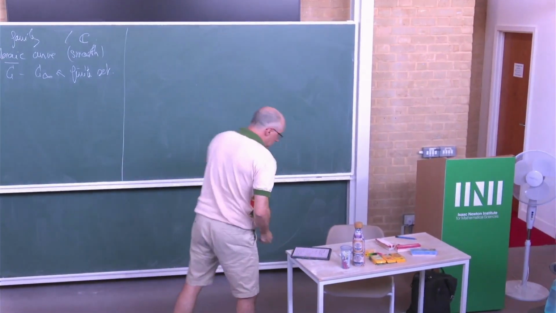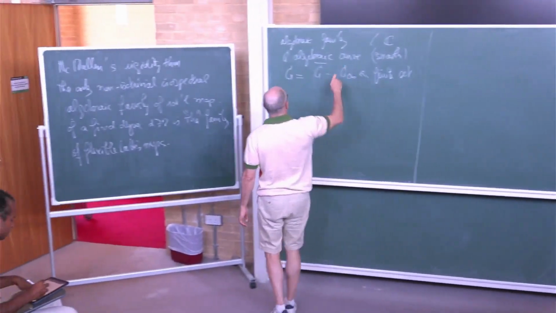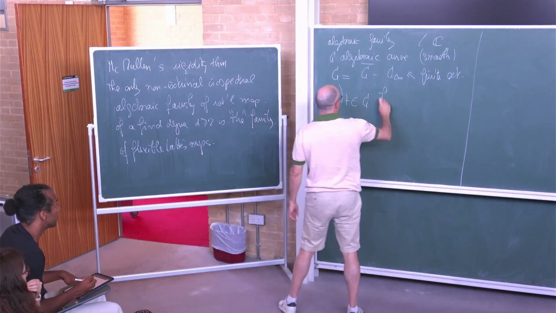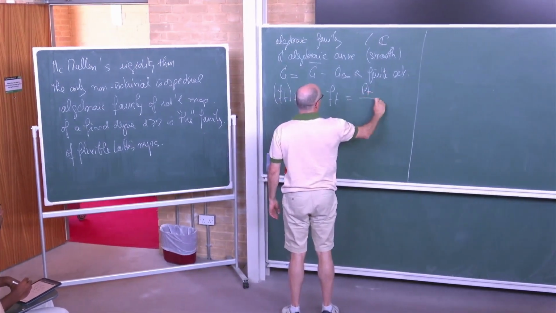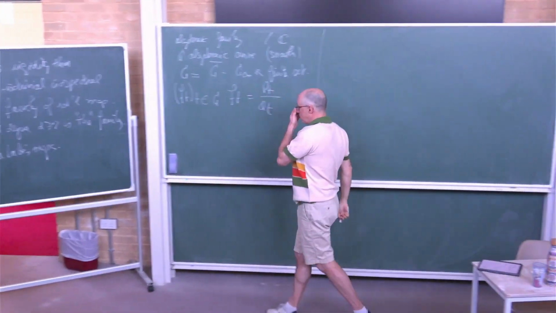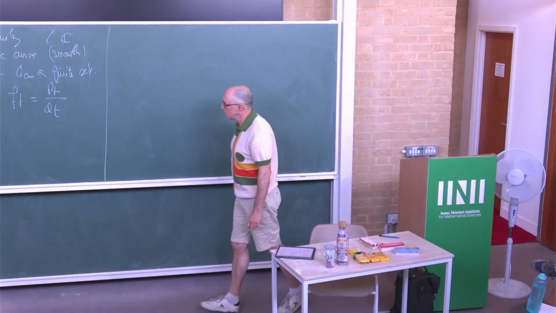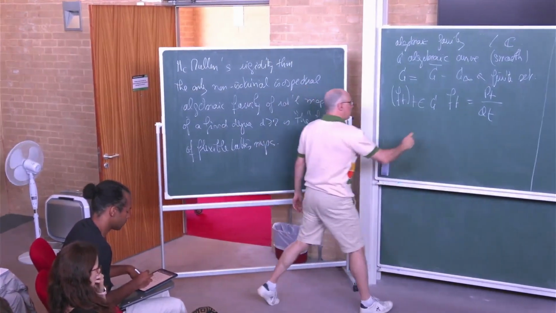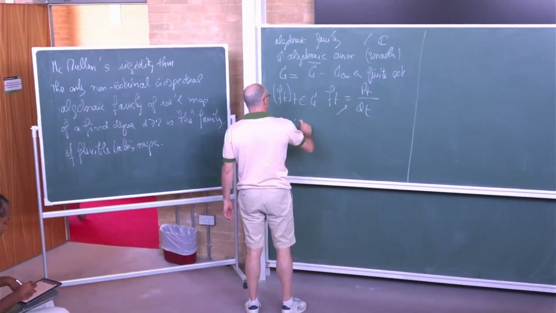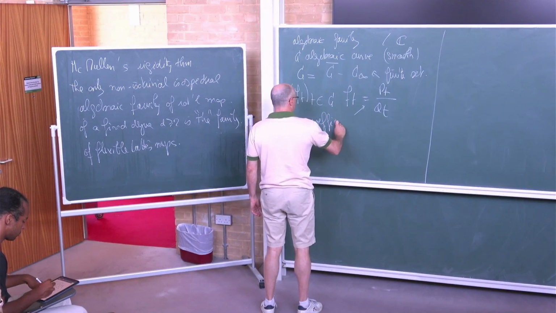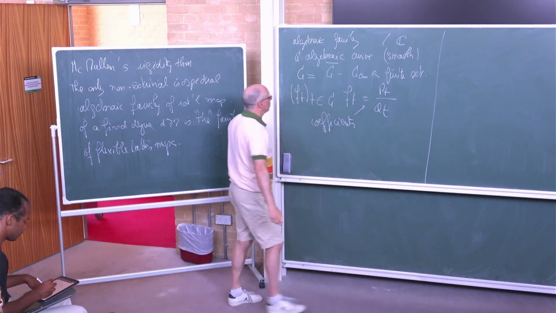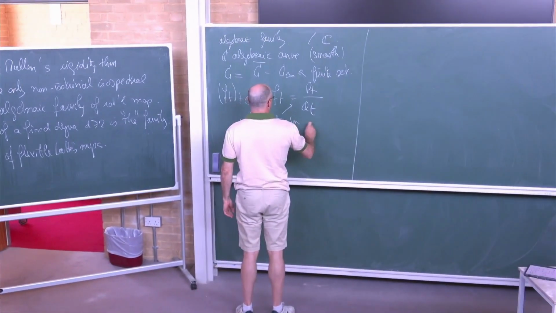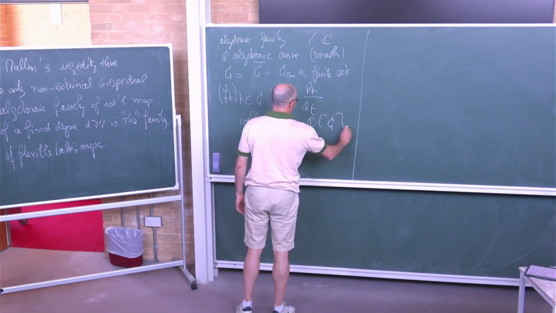And so an algebraic family parameterized by C is a family f_t, t in C, of rational maps P(t)/Q(t), with P(t) and Q(t) two polynomials with coefficients that are regular functions on this algebraic curve.